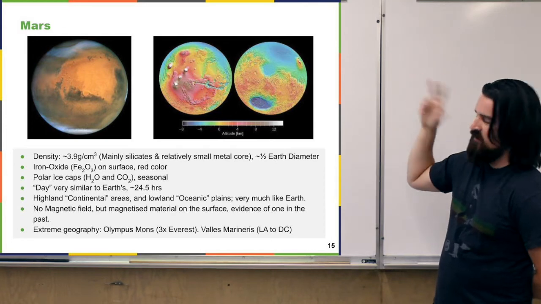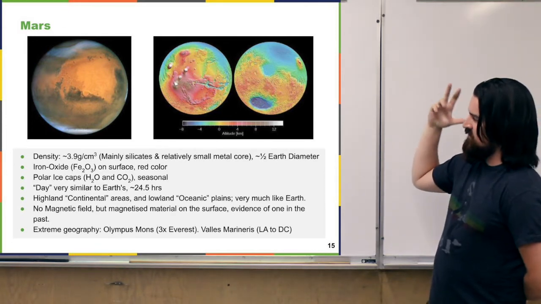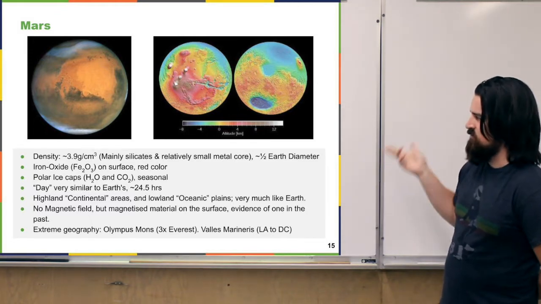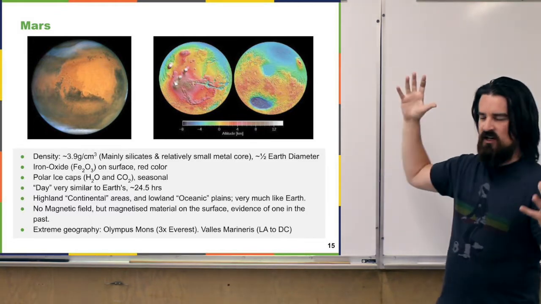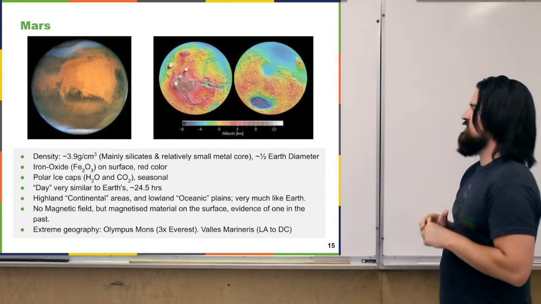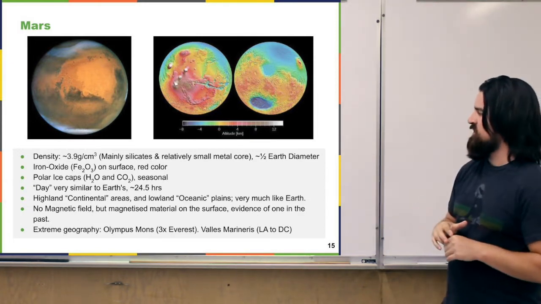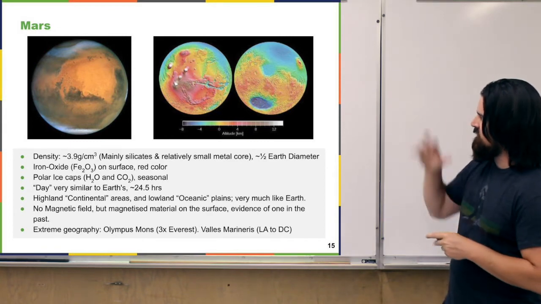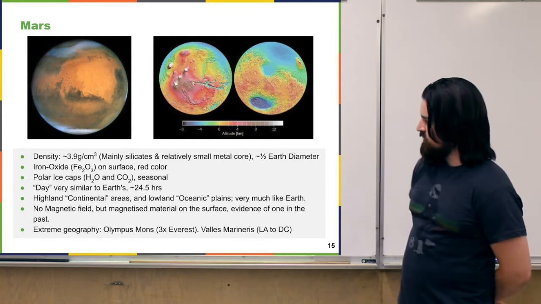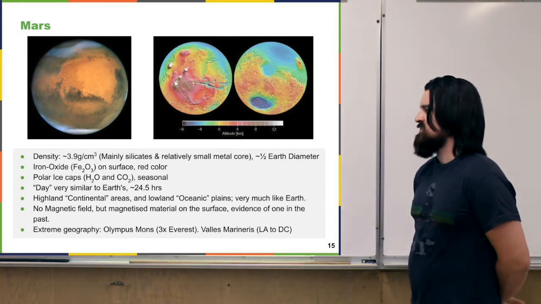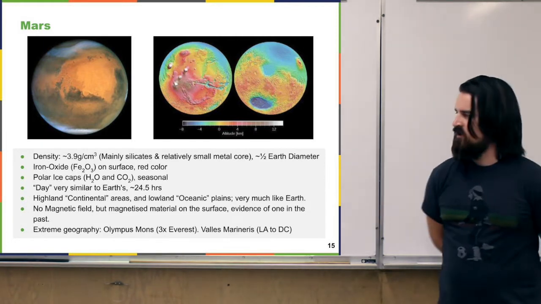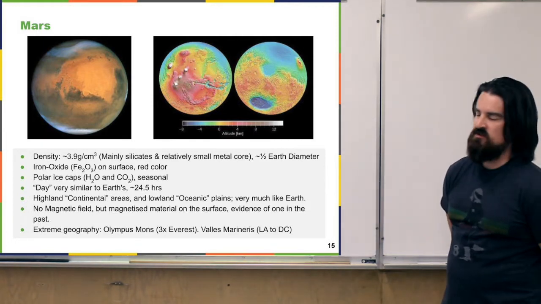Like the other planets, it has a similar structure, where there are these large higher places, almost like continents, and then these lower regions, lower plains, more like oceanic regions. Mars actually is fairly low in density and is made up of much more silicate rock, relatively speaking, than, say, the Earth.